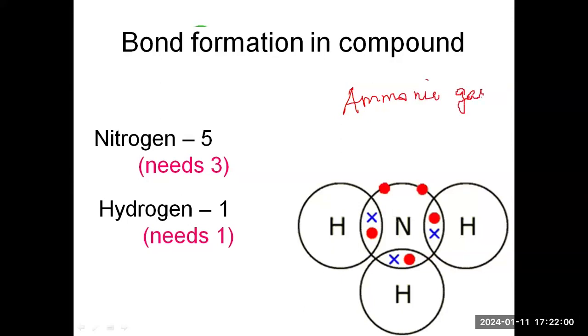The formula is NH3, because you can see here that 3 pairs of electrons are shared between nitrogen and hydrogen. If you want to make the structure, you can make it like this. This is one hydrogen, this is another one, and this is the third one, and 2 electrons are free here. So this is the structure of ammonia.